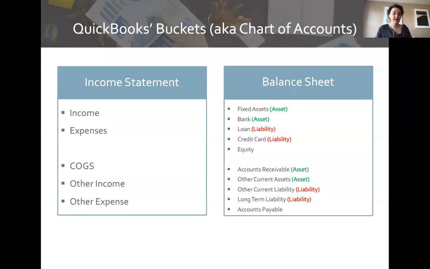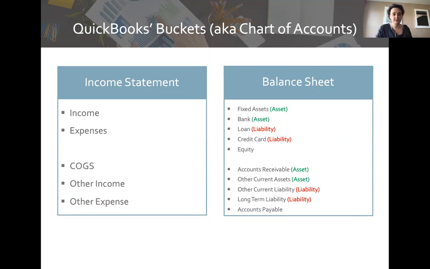So when we categorize something as income or expense, it's going to show up on our income statement. If we categorize something as a fixed asset or a loan, it's going to show up on our balance sheet. So these here are the types of accounts, and we'll get into that in a few minutes, and then we can name the accounts and give them names that mean things to us.